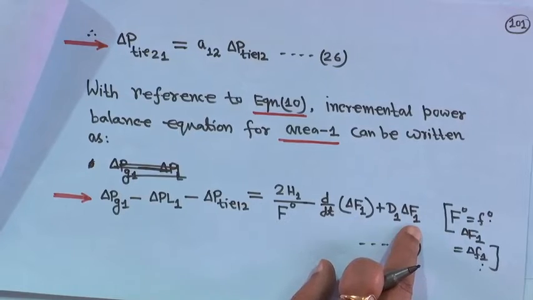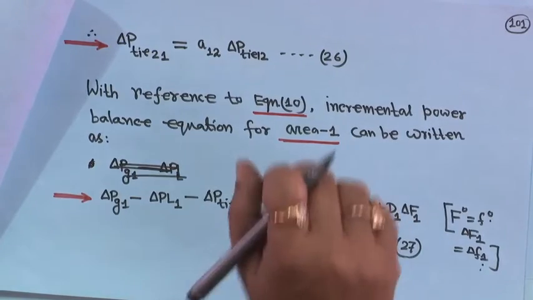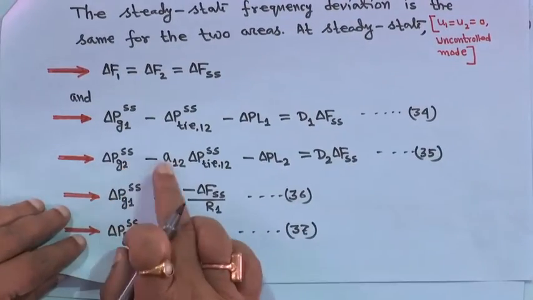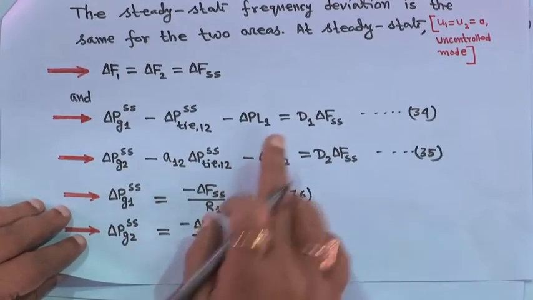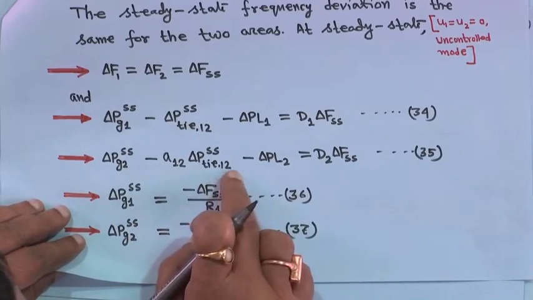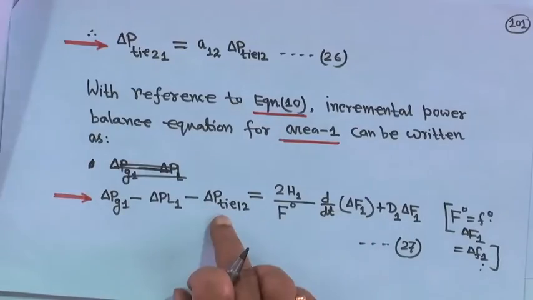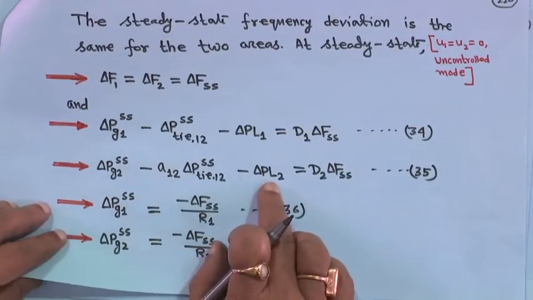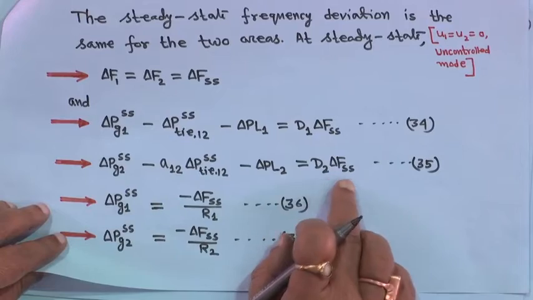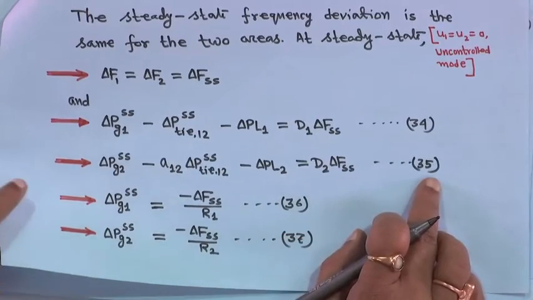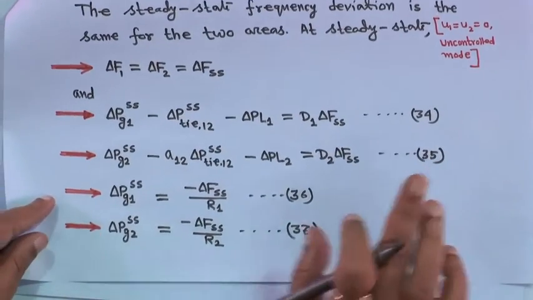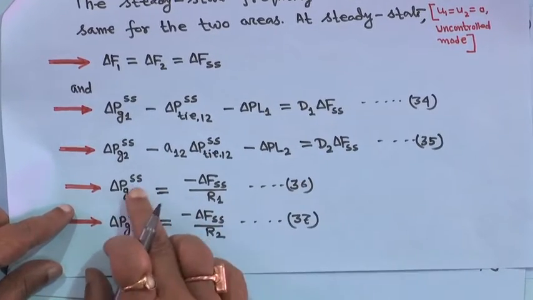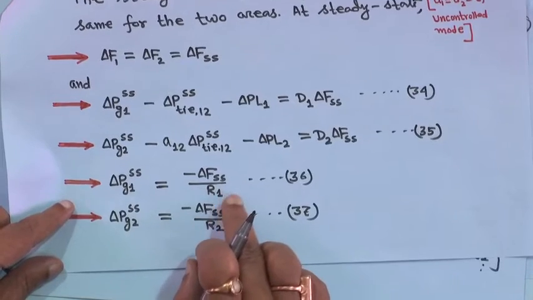Again this derivative part vanishes for area 2, and it becomes delta Pg2 ss minus delta p ti 2 1 ss, which is equal to minus A12 delta p ti 1 2 ss, minus delta PL2 is equal to d2 into delta fss. This is equation 35. And we also know from the isolated system, the same philosophy is applied here, that delta Pg1 steady state is equal to minus delta fss upon R1.